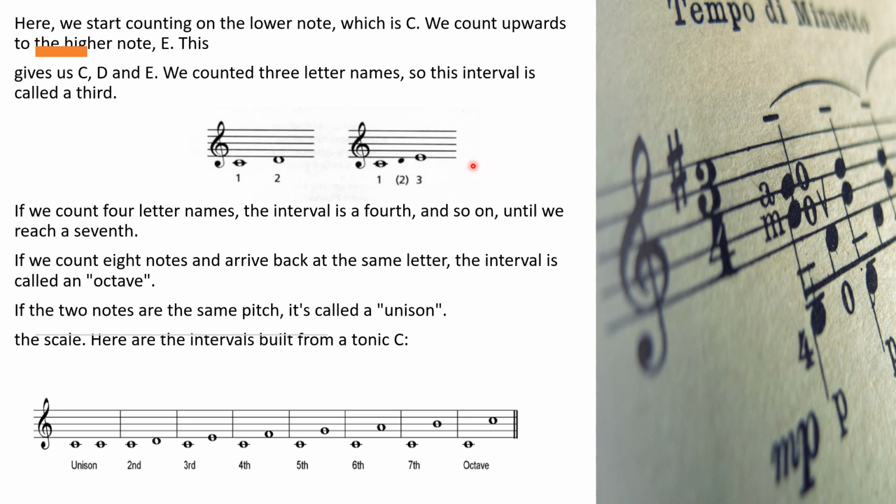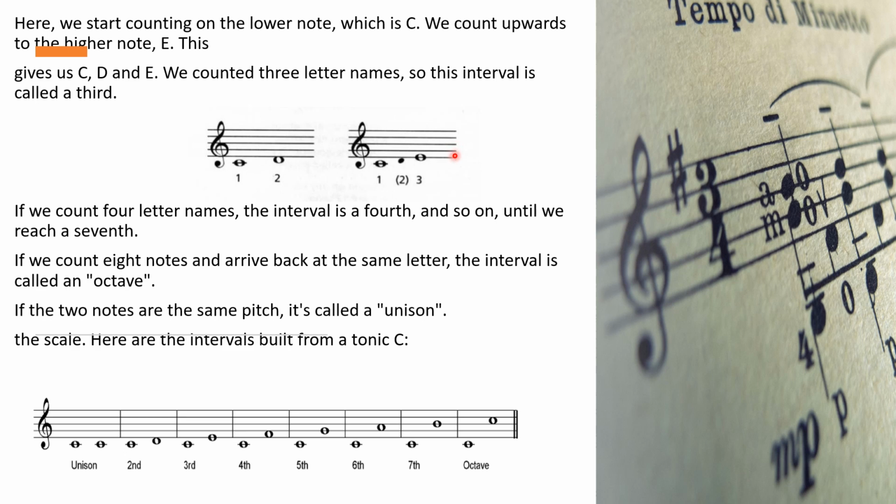Once you're able to identify the tonic, be it, let's say, F. If we're doing the key of F, I've not got that picture yet, but F is just the first space on the treble staff. So for finding the interval between F and, let's say, A, we count F as 1, G as 2, A as 3.